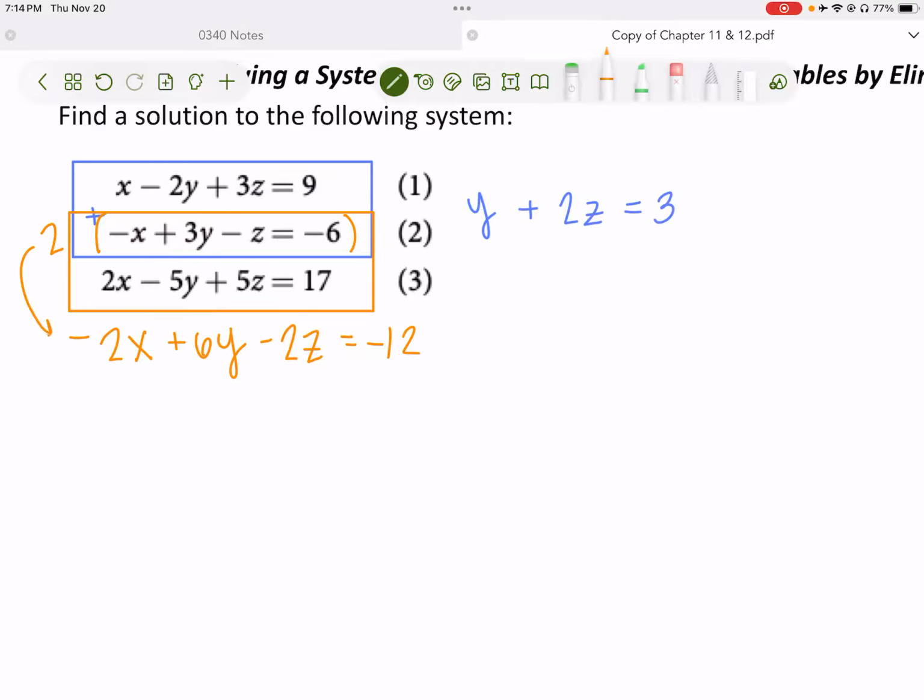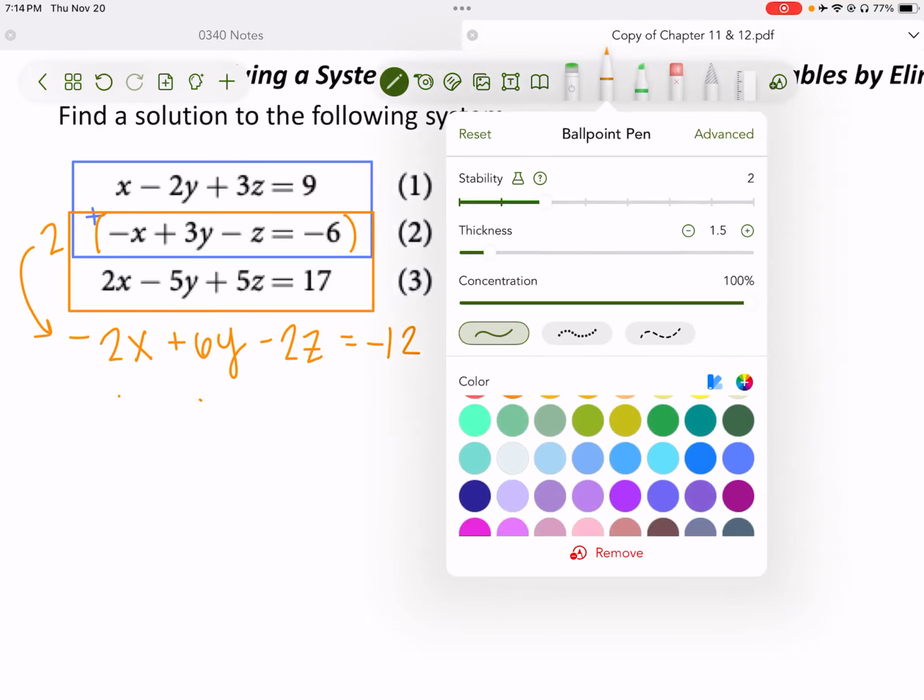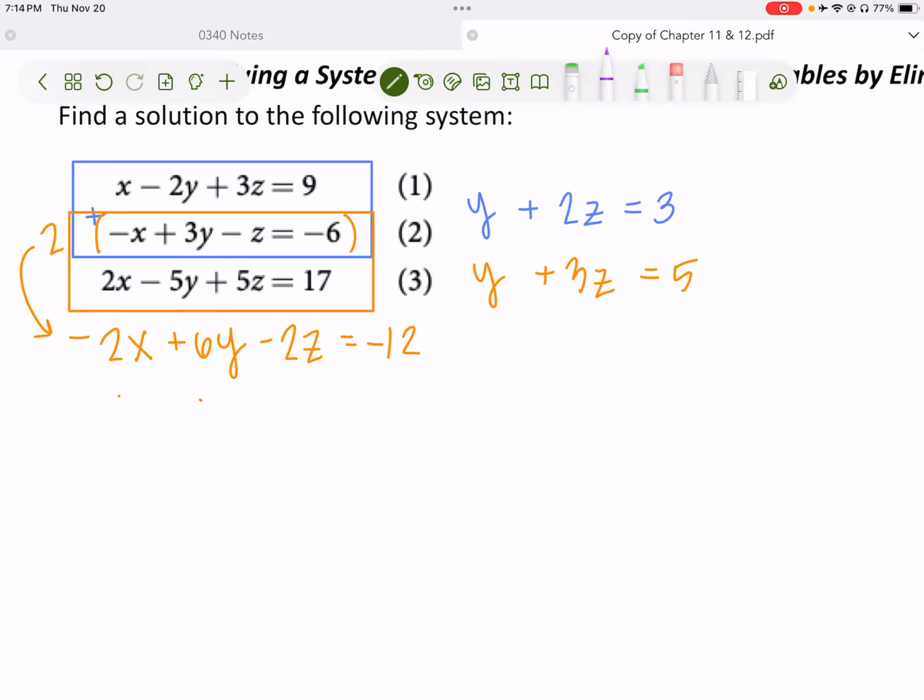So that's this new equation. So now I'll go ahead and subtract. So that gets me 0, 1y, 3z, and 5. Now I have two equations with two variables. I can solve by substitution here.